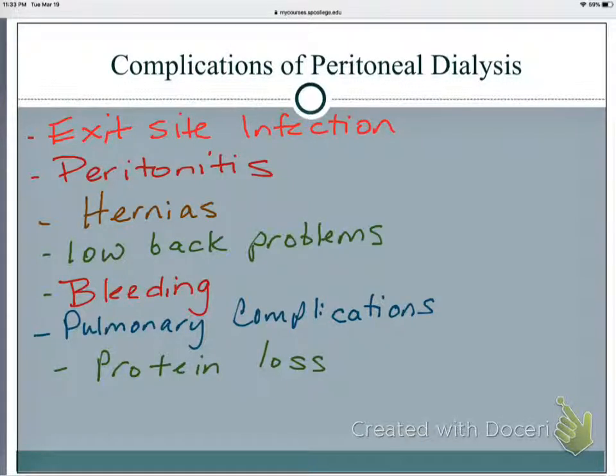Okay. So we can confirm we have peritonitis with a positive culture, right? And we would probably get a white count with a differential. We can give antibiotics to treat it, either orally, intravenously, or intraperitoneally.